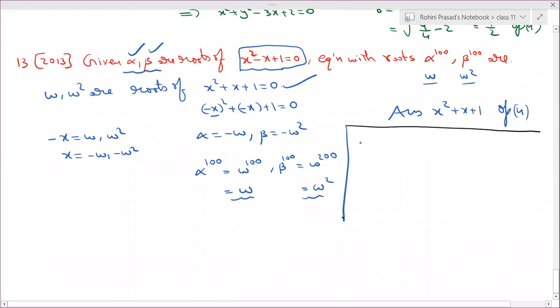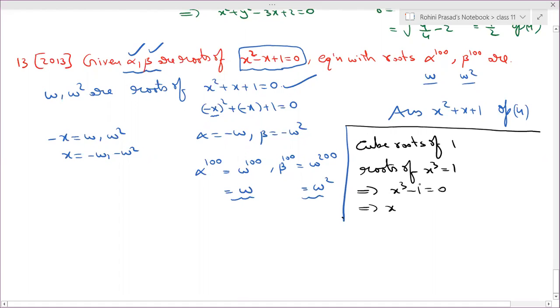About omega, so cube roots of 1. Cube roots of 1 means roots of x cube equal to 1. So to find the roots of x cube equal to 1, x cube minus 1 equal to 0.